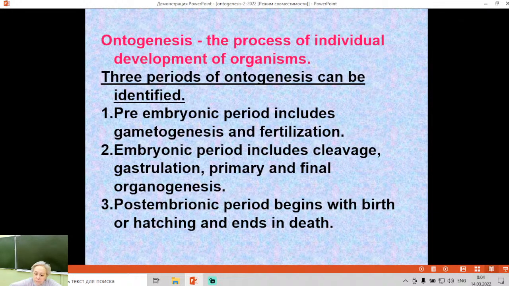Second period, embryonic period, which includes cleavage, gastrulation, primary and final organogenesis. And third period, post-embryonic period, begins with birth or hatching and ends in death.